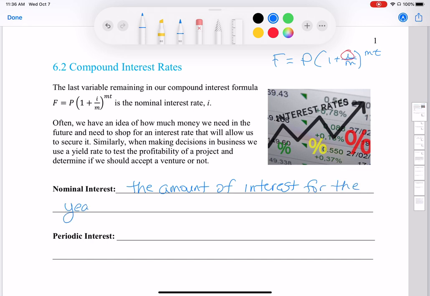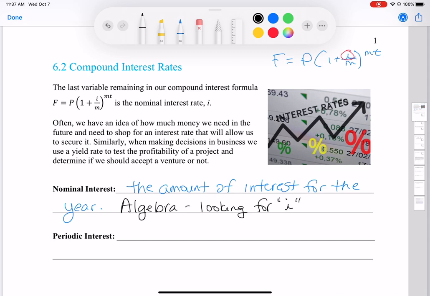And I think most importantly, what we care about for nominal interest is that when we do algebra, when we are solving for our answer, we are looking for I. So we're solving for this I variable.